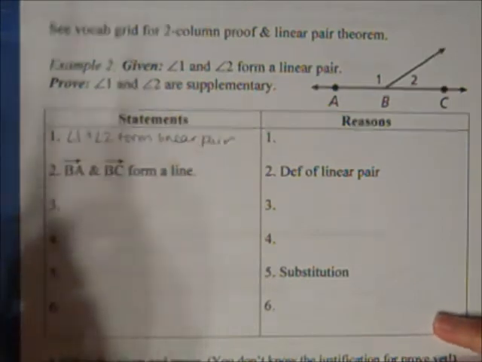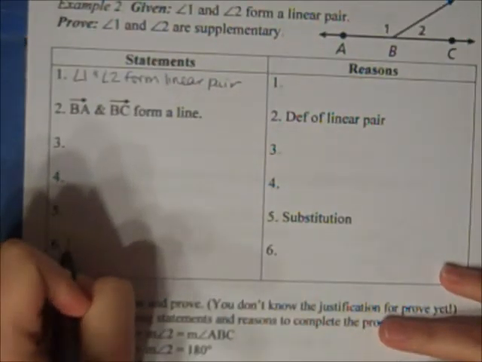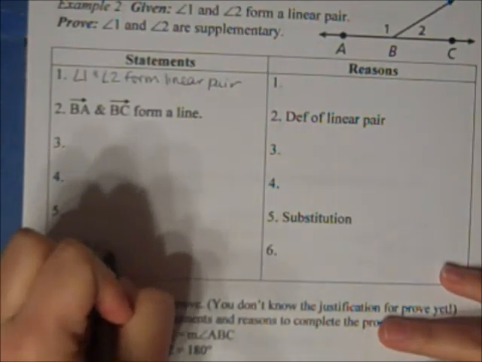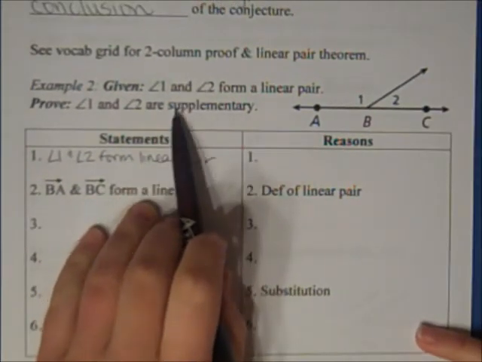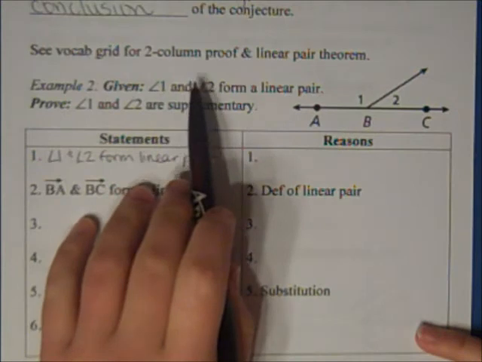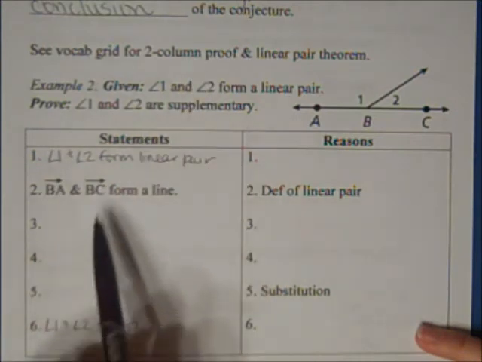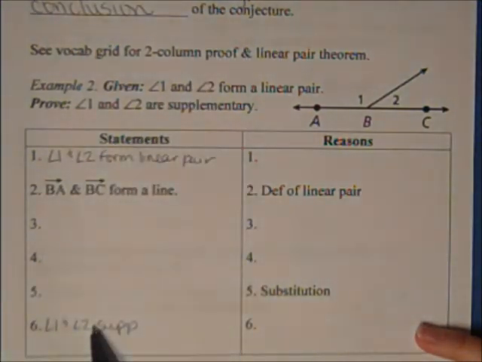And the prove will always be the very last thing. Because this is where we're starting and this is where we're going to end. This is what they give us to work with, and this is how we know we're done. So first and last, you can always fill that in.